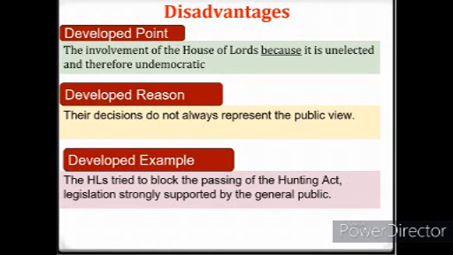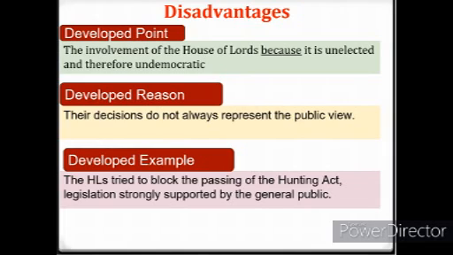An example, well, really great example is the Hunting Act. And I know we've used it again before, but that's absolutely fine. So the Hunting Act of 2004, the House of Lords tried to block that act. Now that was a manifesto promise made by the Labour Party led by Tony Blair at the time, and they were voted in actually by a landslide victory for Labour, and that was one of their key manifesto promises.